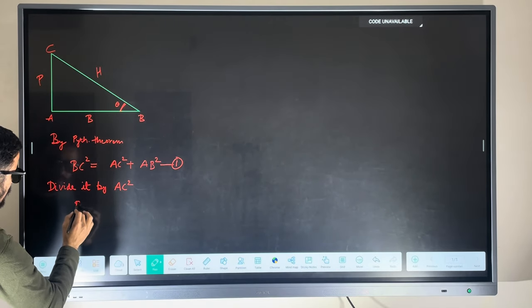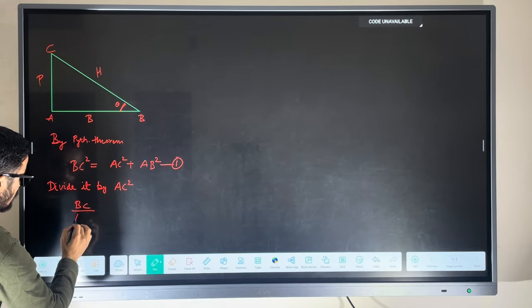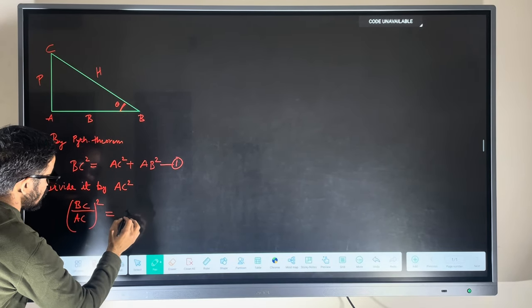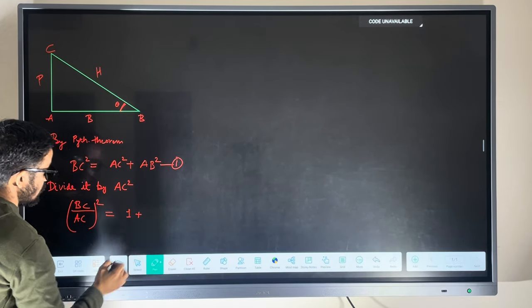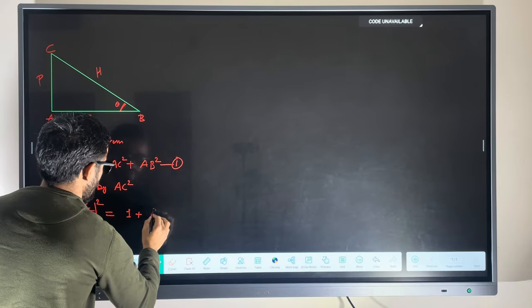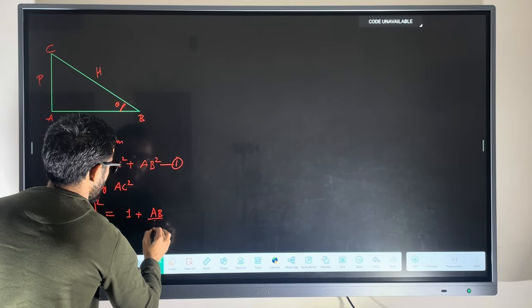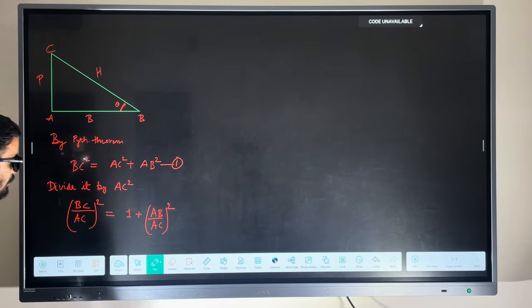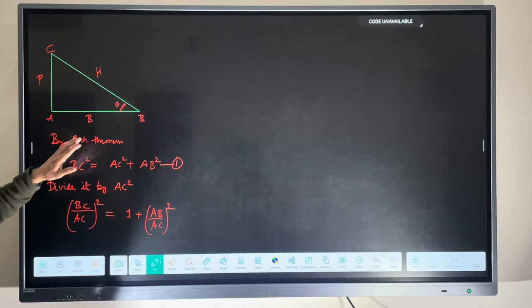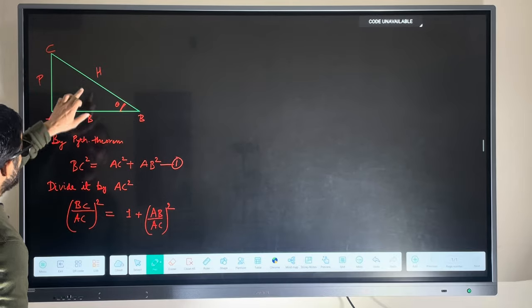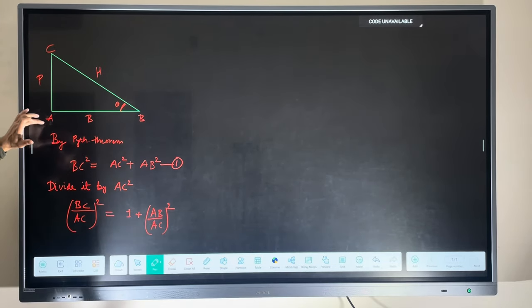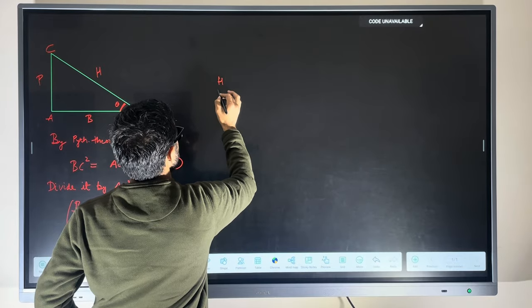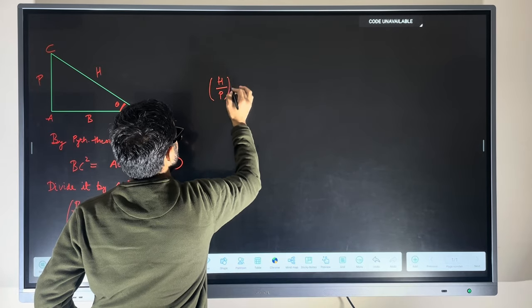Now this will be BC upon AC whole square, equal to AC by AC, that is 1, plus AB by AC whole square. Now what is BC? BC is hypotenuse, and what is AC? AC is perpendicular. So we can write it as hypotenuse upon perpendicular whole square.